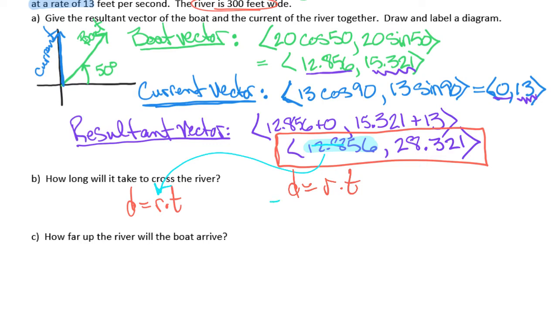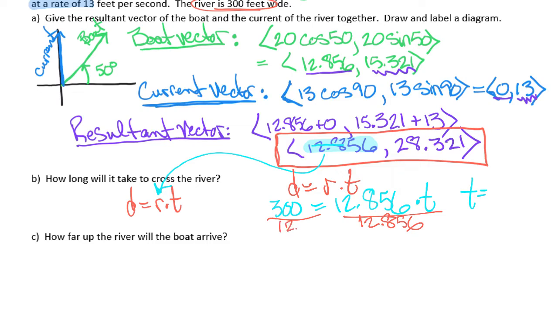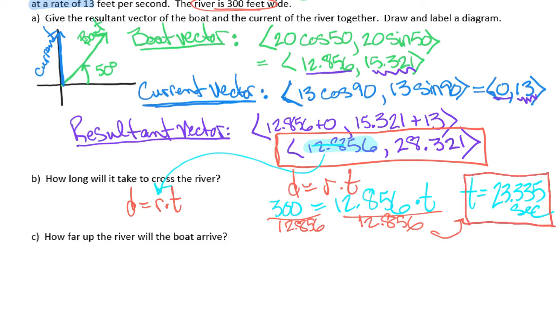So we have 300 is equal to 12.856 times time. And so let's just divide both sides by 12.856. Okay, let's write our answer over here. So crunching it out, we end up with 23.335 seconds. So it takes approximately 23 seconds to get across the river.